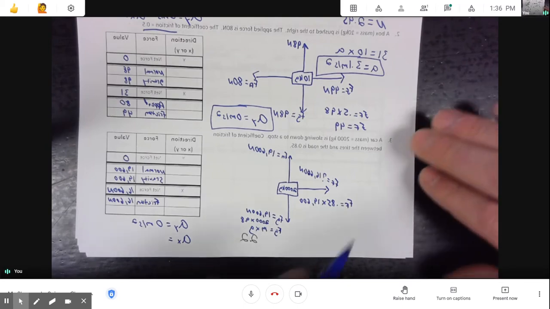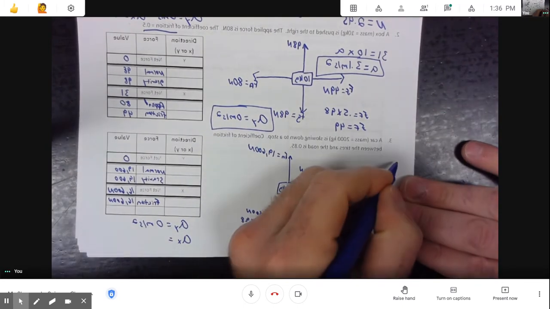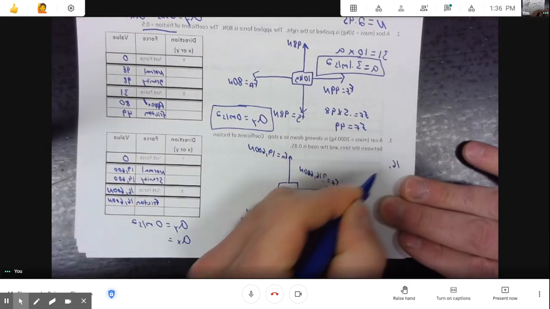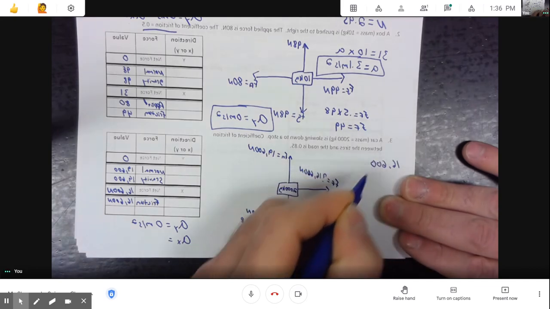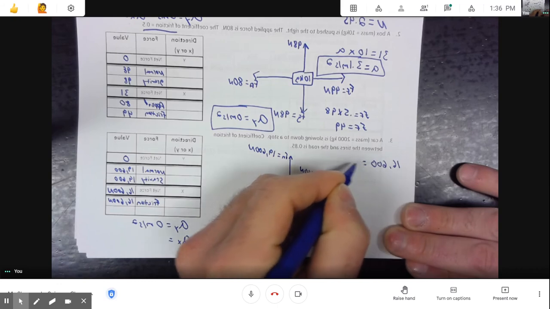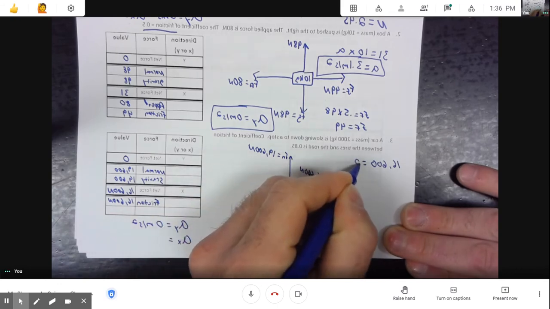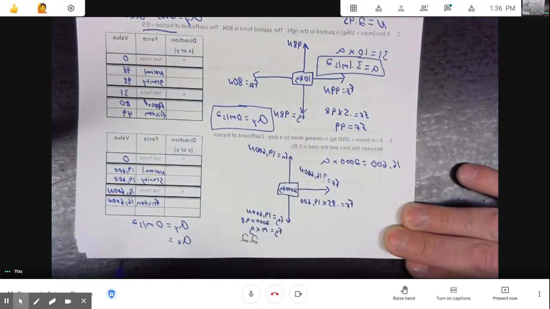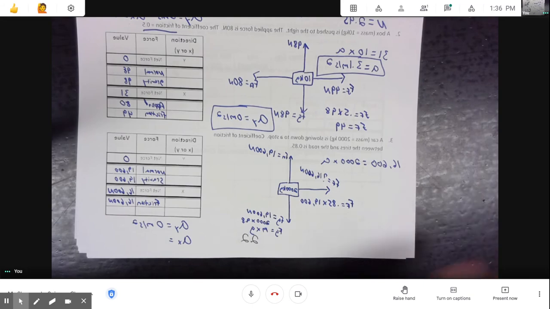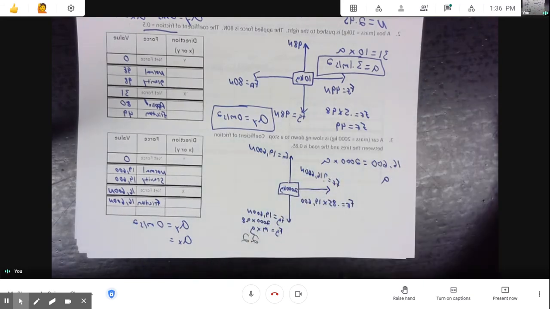So off to the side here, let's set that up. 16,600 newtons equals the mass of the vehicle, which is 2,000, times the acceleration. If we rearrange this equation to solve for a, we're going to get 16,600 divided by 2,000. Let's type that in our calculator and see what we get.